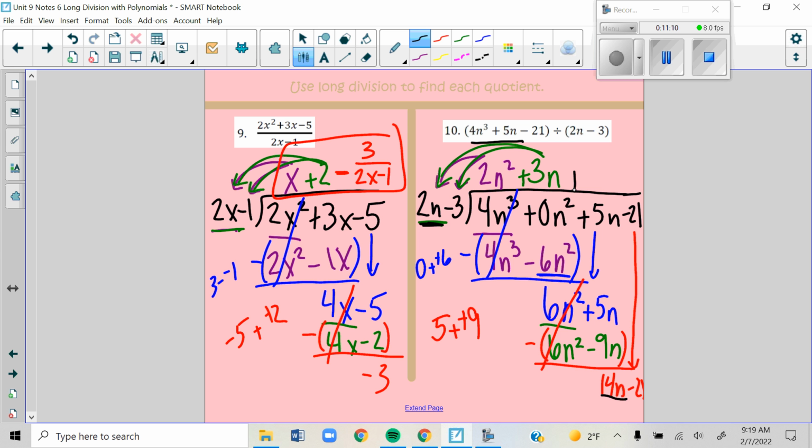And that's a 7. And I don't need a variable this time because I just have an n there. So it gets times by both of those. So I end up with 14n, and negative 3 times 7 is negative 21. Ooh, hey, look at that. When I subtract them, and I'm running out of space, I get 0 for my remainder.